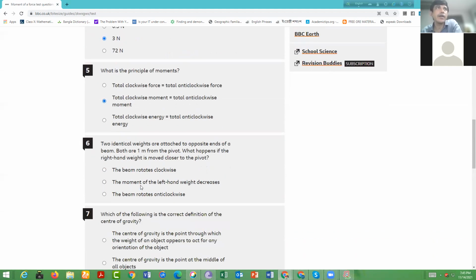Yes. Okay. Two identical weights are attached to opposite ends of a beam. Both are 1 meter from the pivot. What happens if the right hand weight is moved closer to the pivot?